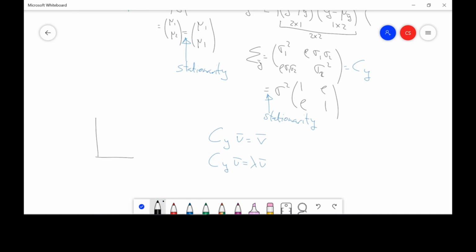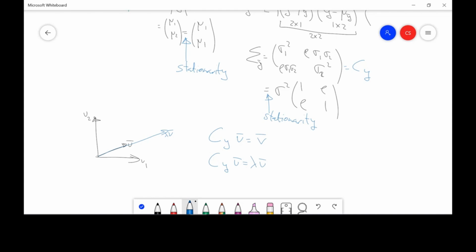This is two-dimensional, so I'm fine here. I have U1, U2. When I multiply this vector U by the matrix, what I get is the same vector in the same direction, but now multiplied by lambda. And lambda can be larger than 1 or smaller than 1. In general that doesn't happen.